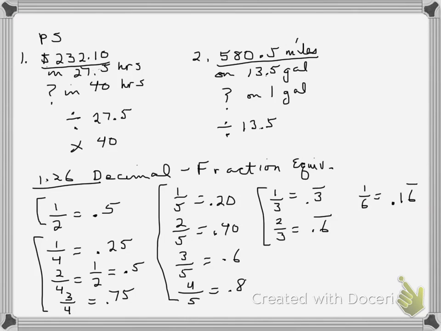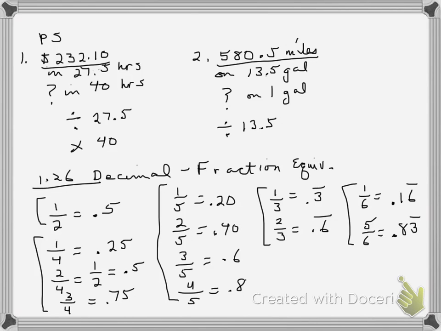Notice it's only the 6 that repeats, so it's 0.16666. 2/6 is the same as a third. 3/6 is the same as a half. 4/6 is the same as 2/3. So you've already learned all of those. The only other one to learn is 5/6, which is 0.83 with only the 3 repeating.